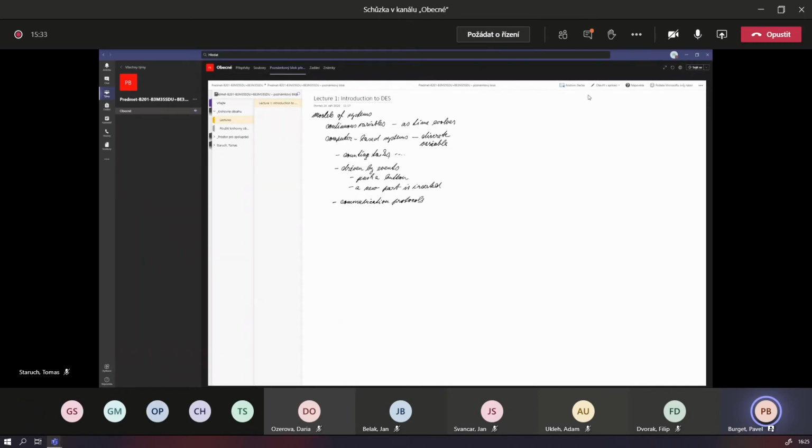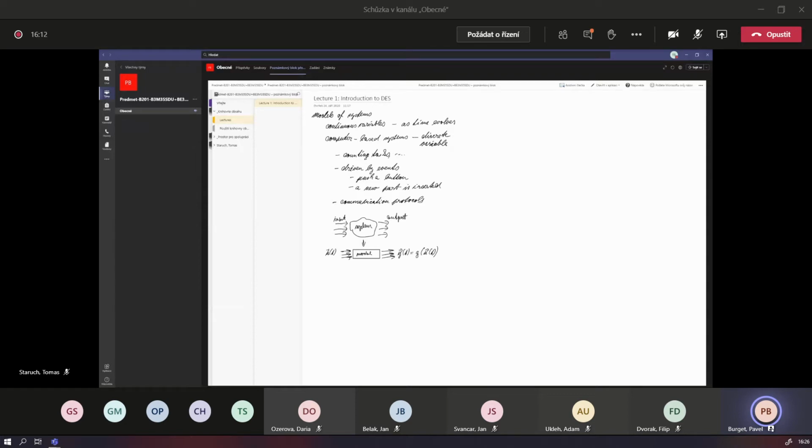I have some problems with the picture. Okay, so the system is represented as something which has inputs and outputs.